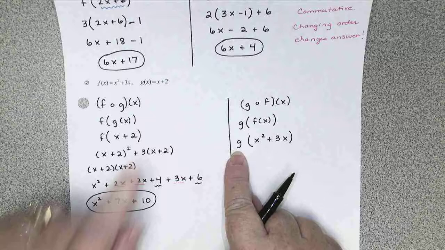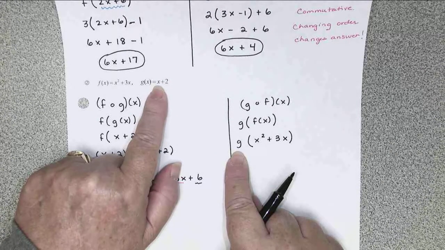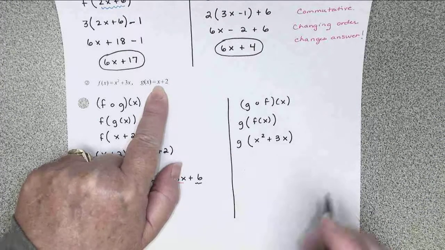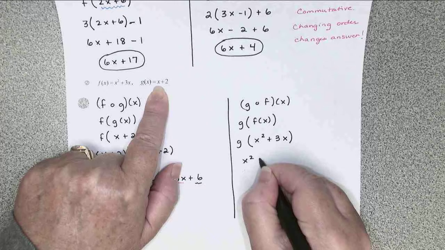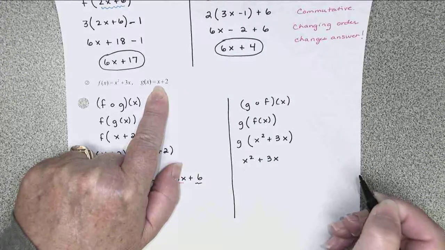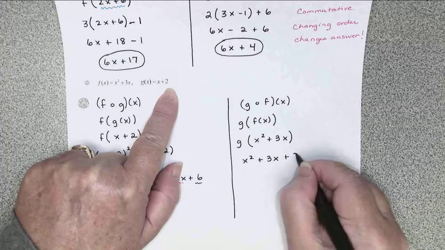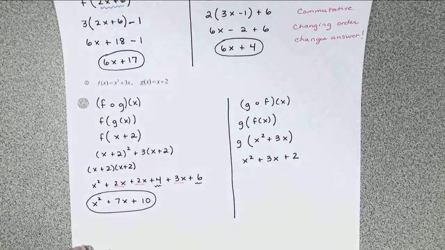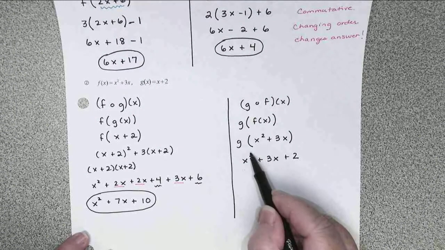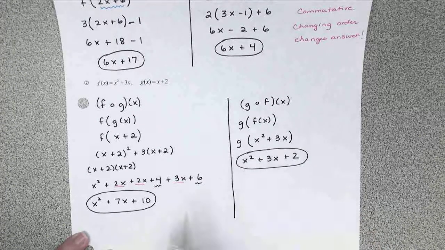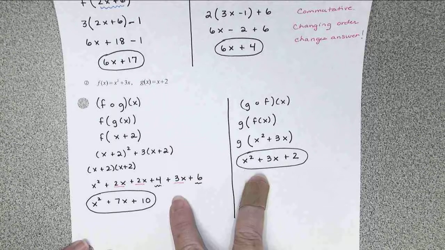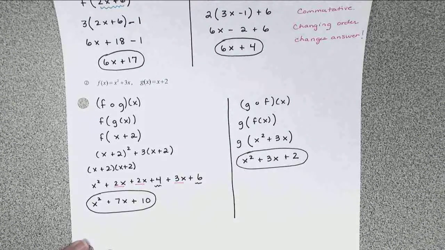I now go to my g function, and I replace that x with x squared plus 3x. And then g just says add 2 to that. Since there are no like terms, that's simply done. Once again, we see we definitely get different answers, so we're definitely not commutative when we're looking at composition.